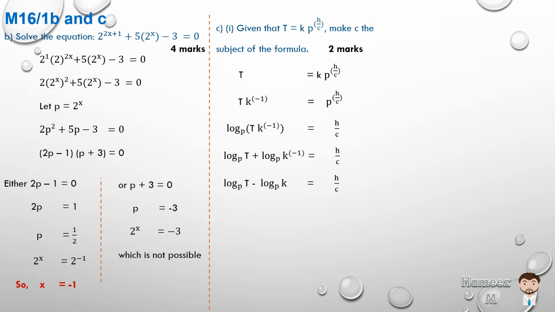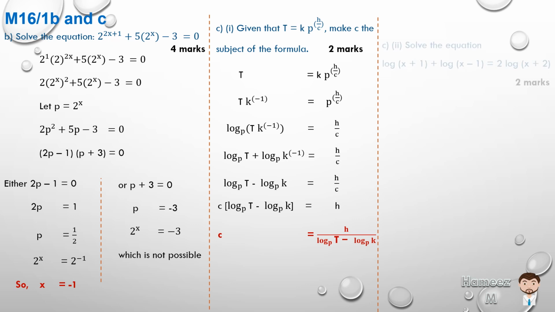It would be in the numerator on the left side. So we get c times (log t to base p minus log k to base p) is equal to h. So if I want c alone, then we can take the brackets on the left hand side and move them across to the right side as a denominator. So c is equal to h over (log t to base p minus log k to base p).